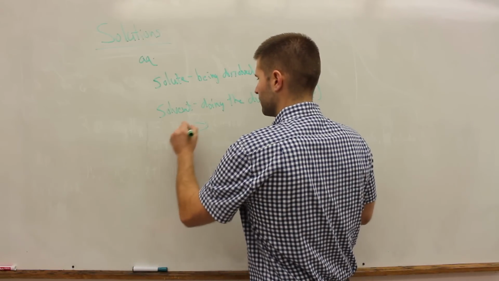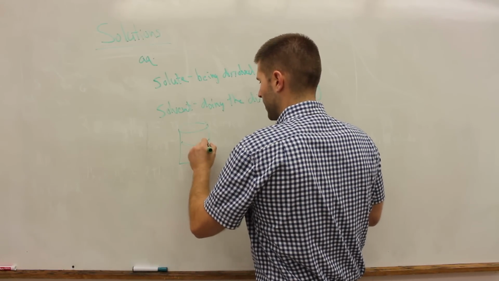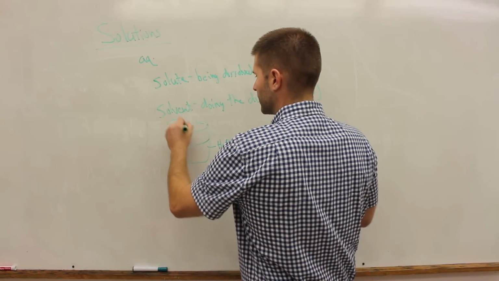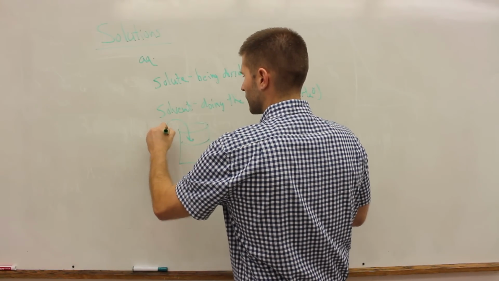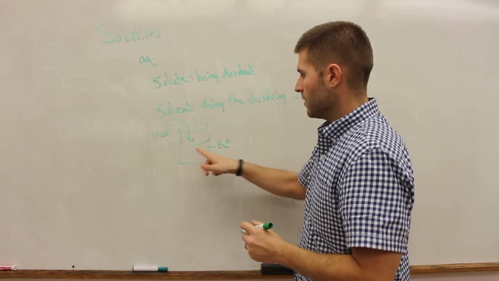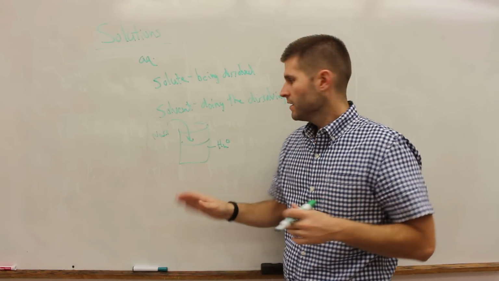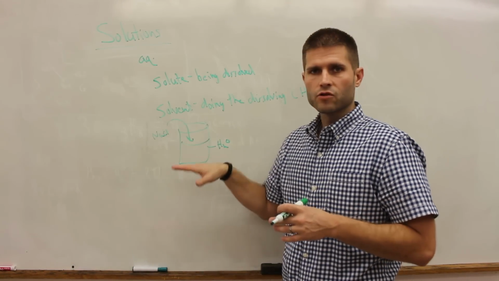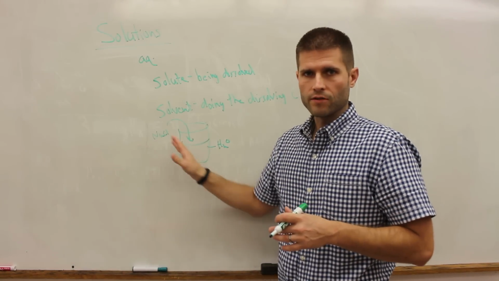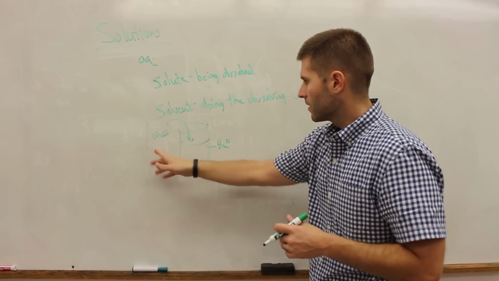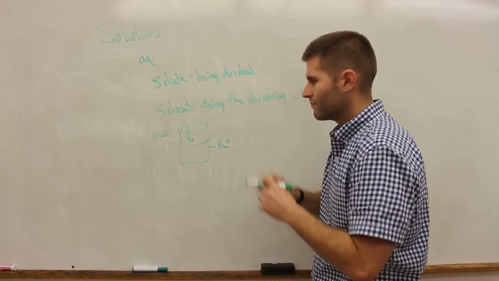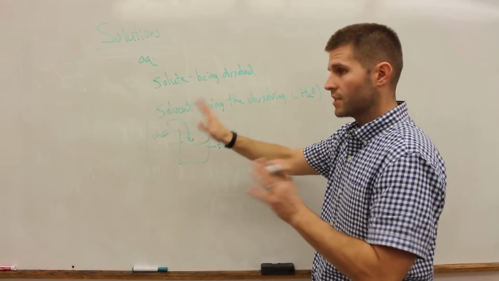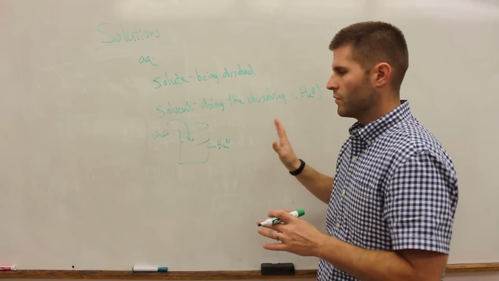So how can we identify this? Let's say we had a beaker, and let's say we had water in the beaker. Now, if I were to add sodium chloride to the solution, which is a salt, table salt, we know that the table salt is going to dissolve and the solution is going to look just like water, but we know that there will be some sort of ions floating around in here. So this type of chemical reaction, we can say, is where we put the sodium chloride solid into water and see what we get out of that.